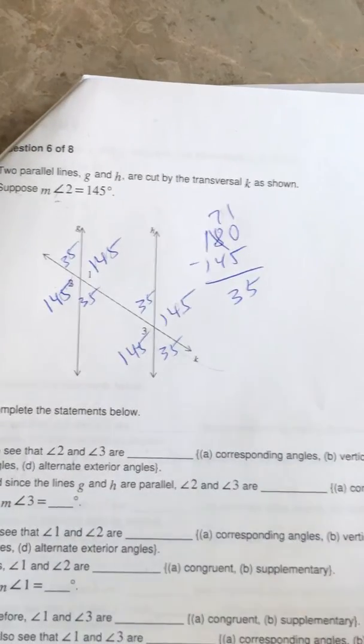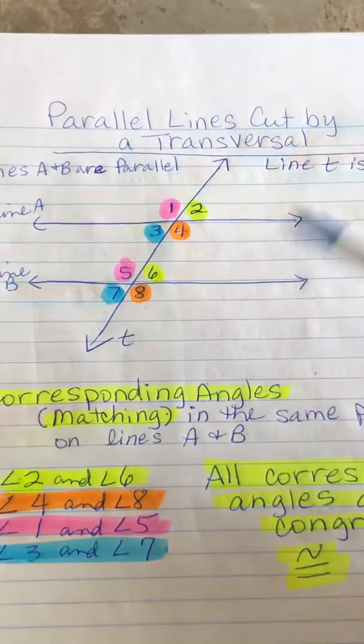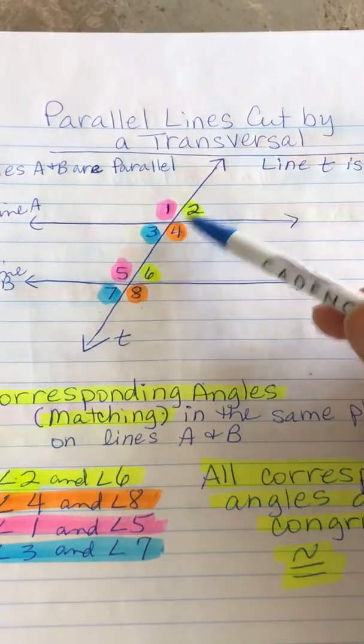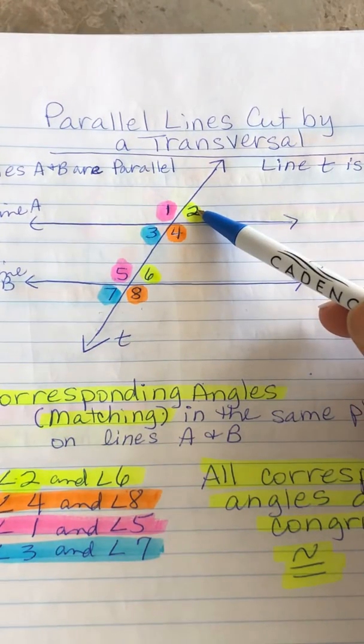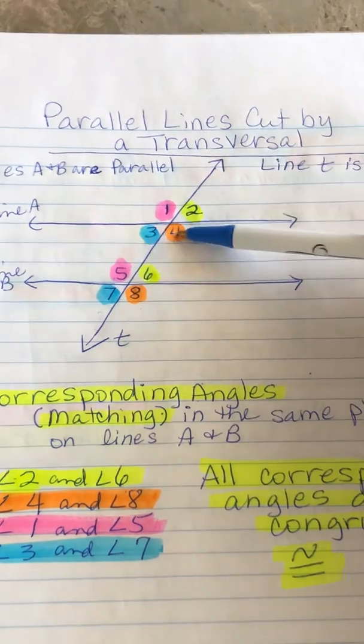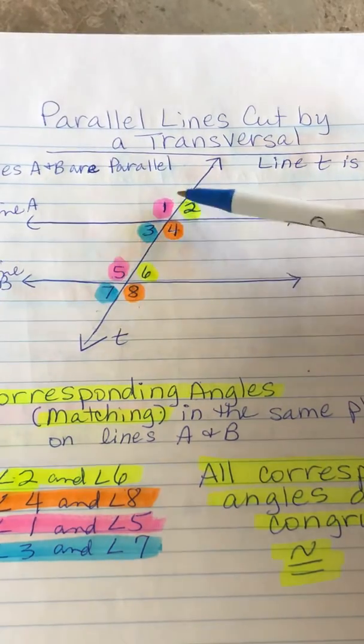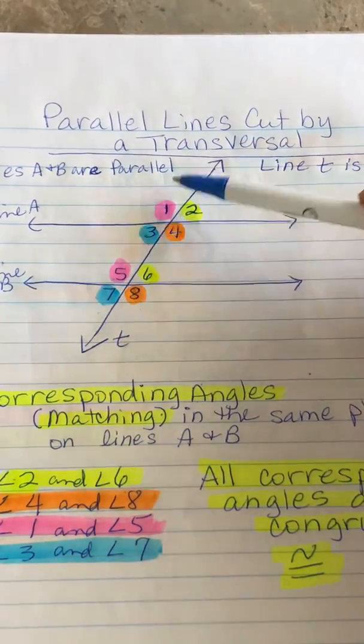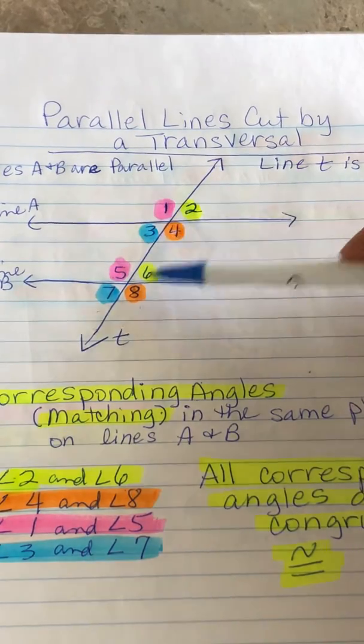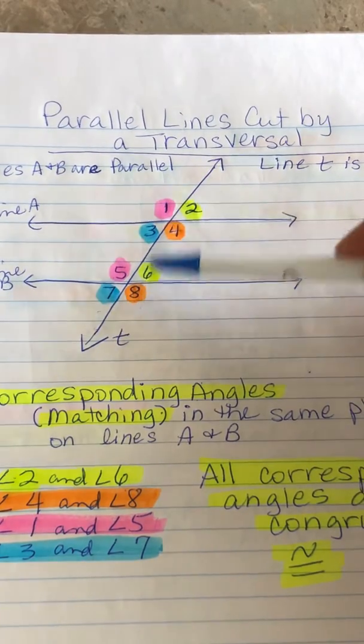You should have done the other lesson prior to this, but I am going to throw this on here just one more time, just to remind you, this is all in the last video. Corresponding are in the same spot. Alternate interior are right here, alternate exterior are out here. Everything color-coded are the pairs. They're also congruent.